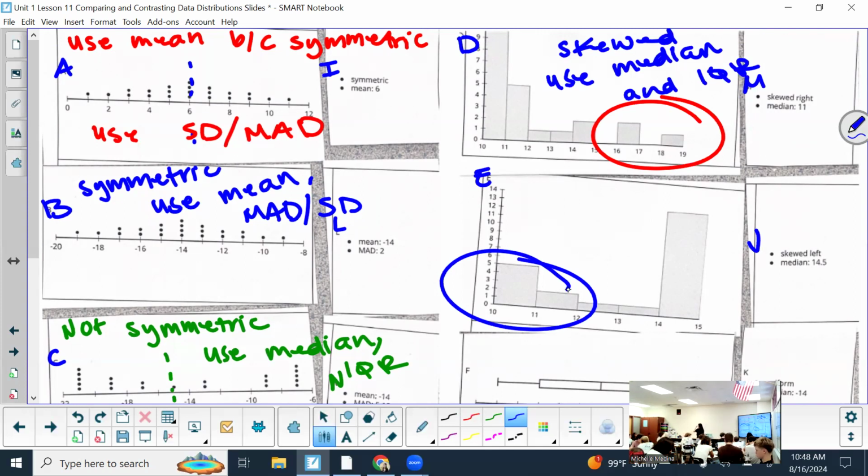So should I use the mean or median? Is it symmetric? So should I use the mean or median? And then for how spread out it is, should I use IQR, standard deviation, or MAD? IQR.